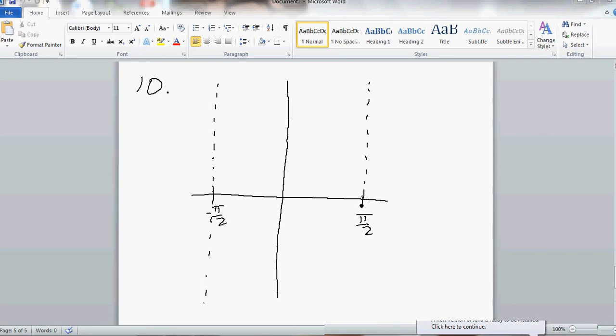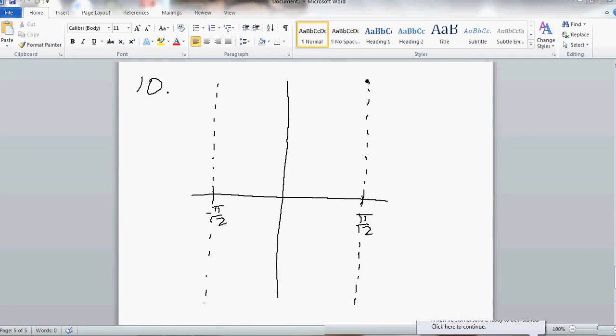So I'm going to put those in. And we are asked to do it between negative pi over 2 and pi over 2, and there happen to be asymptotes right at those points. Now, tangent of x would normally start down here on the left and then go up and hit the origin and then go up like that. It looks sort of like a cube function, but it's really a tangent.